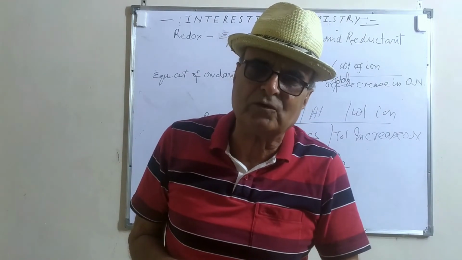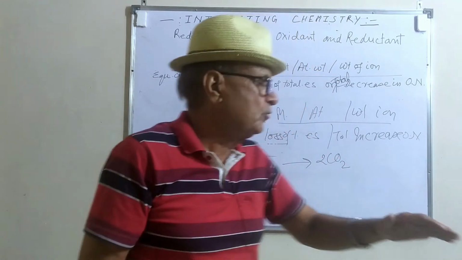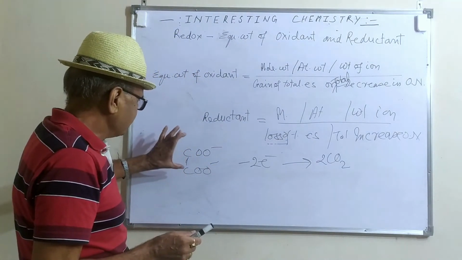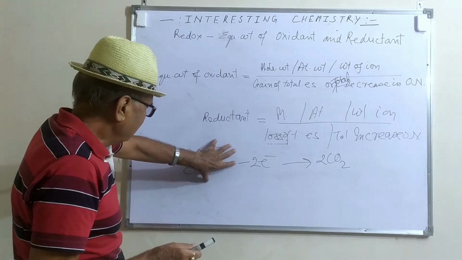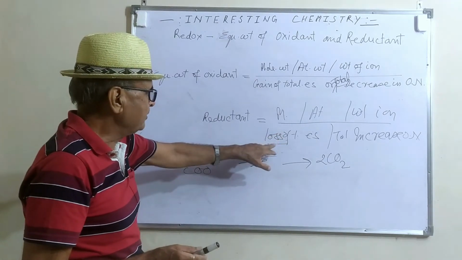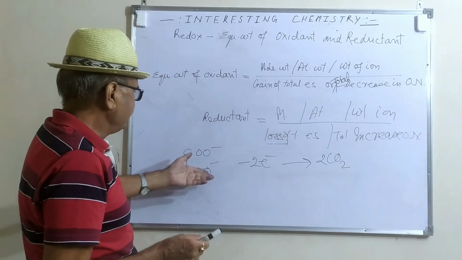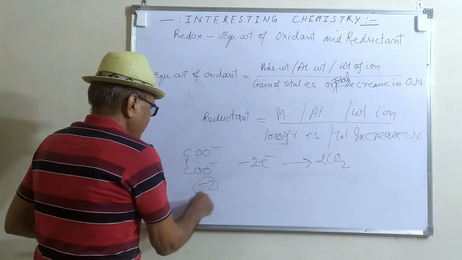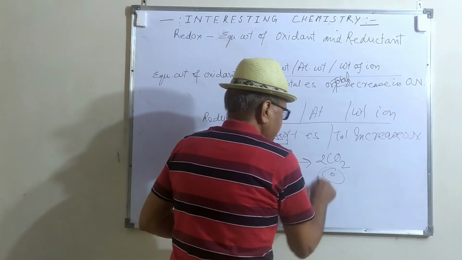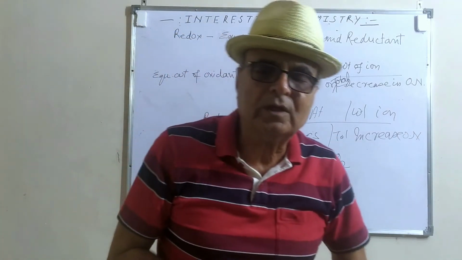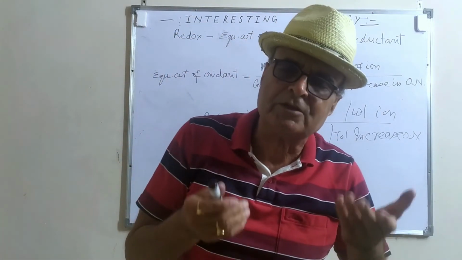And if you want to calculate the equivalent weight of the oxalate ion, the weight of the ion is divided by 2, because the loss of electrons is 2. Again, you can say the oxidation number is plus 3 here and plus 4 in CO2, so the total increase in oxidation number is 2.